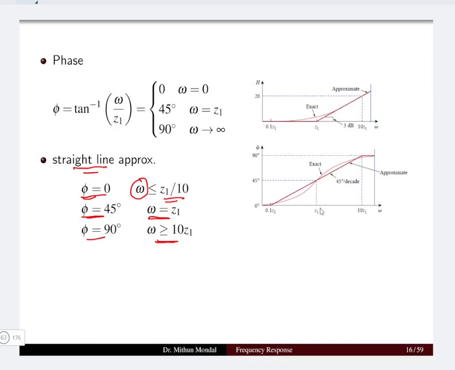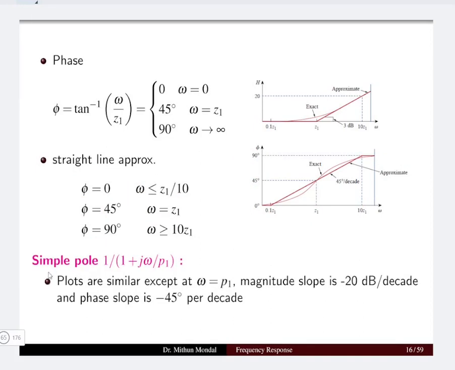So here z1, the simple zero, is the corner frequency, and then we go 10 times below and 10 times above. Below that we will have 0 degree, and above that we will have 90 degree. So here we have 90 degree, here we have 0, and between these, at omega equal to z1, we will have 45 degree. So that is the straight line approximation of the phase.